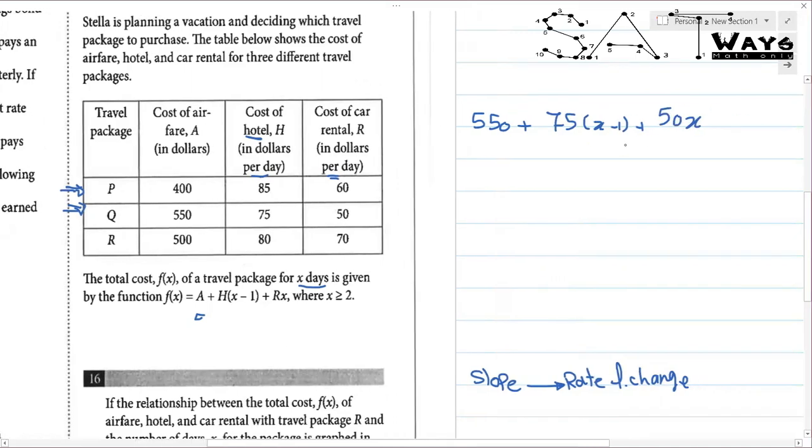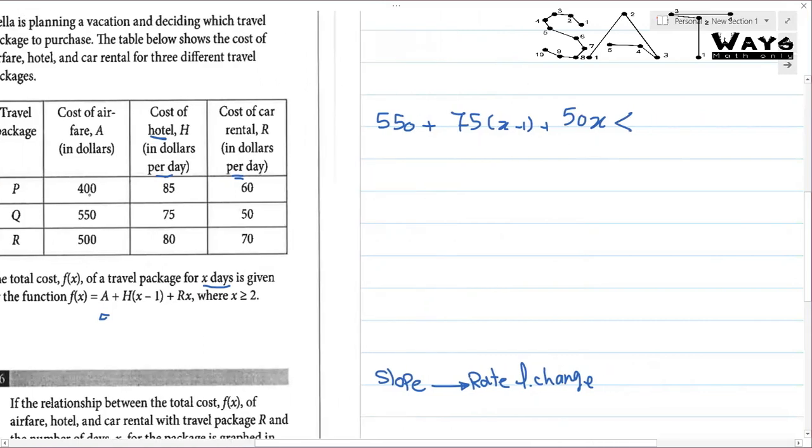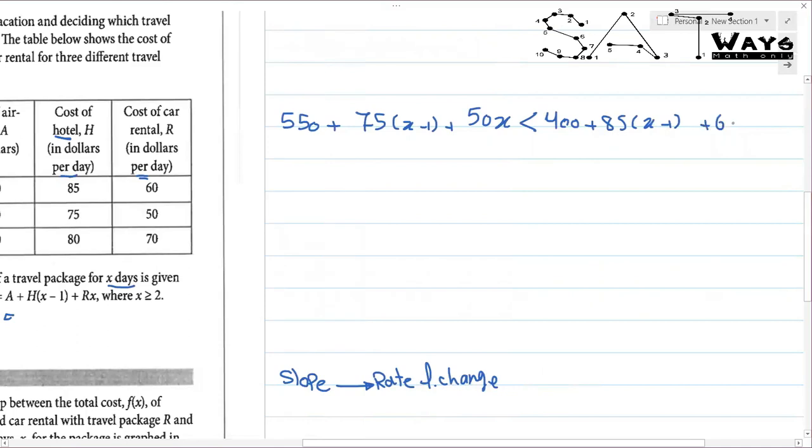So in the question, he's asking you for what value of x does Q less than P, because he's saying the quantity Q is less than the quantity of P. And for P, I'm going to write down an equation, 400 plus 85 times x minus 1, plus 60x.